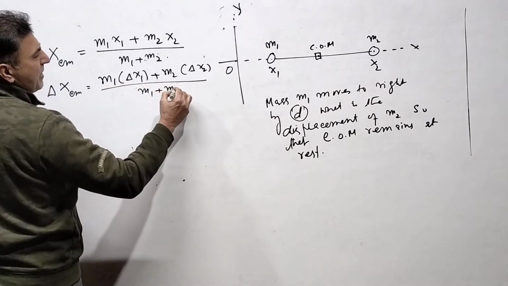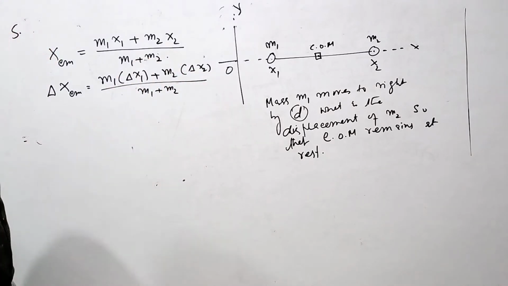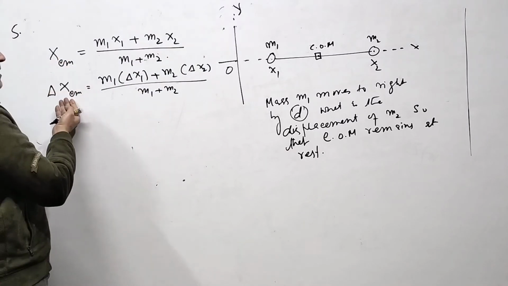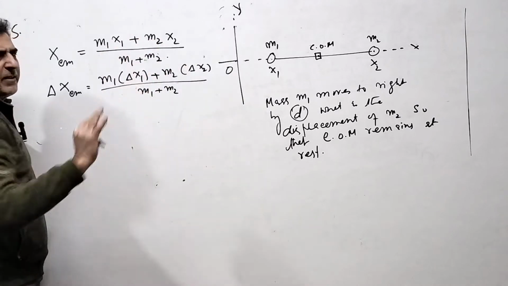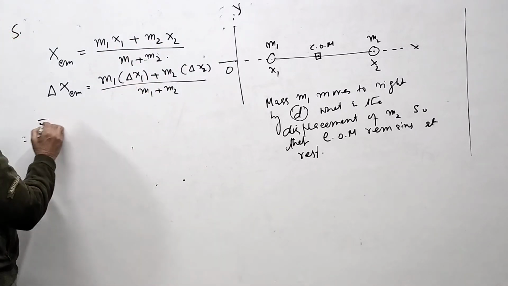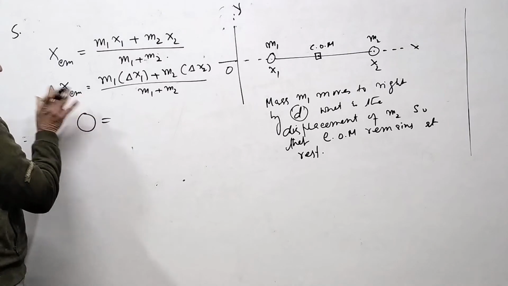It is taking the differential from both sides or taking the change from both sides. After all, जब आप ये change करोगे, ये change होगा सिर्फ इस x1 और x2 की change की वजह से. m1 m2 are anyway constants. लेकिन this is given to be 0. There is no change in x cm.